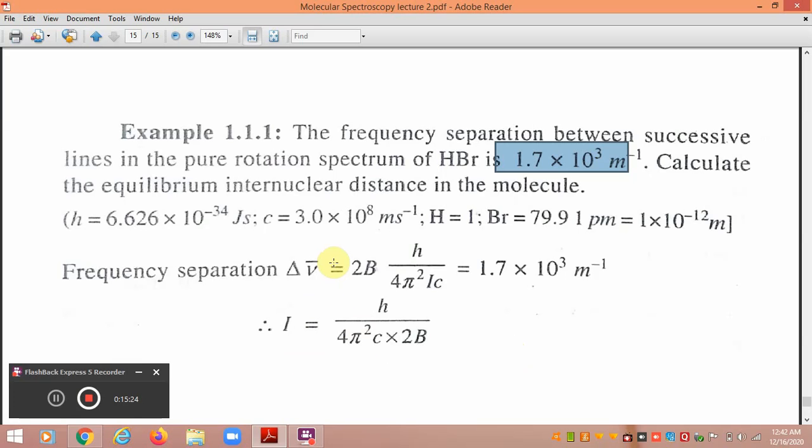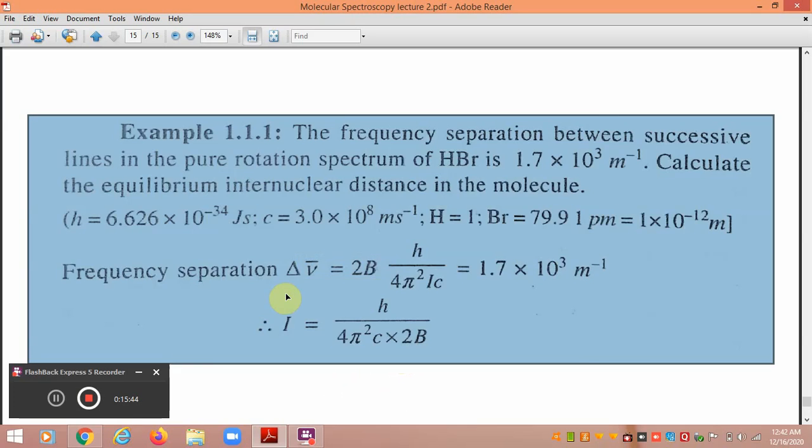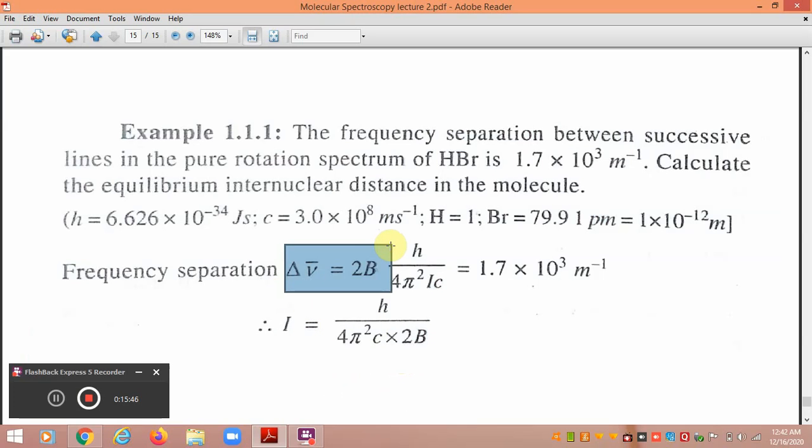But for the purpose, we will require I, and this I can be calculated with the help of the equation I is equal to h upon 4 pi square c into 2B, or I is equal to h upon 8 pi square B c. But how is this B calculated, or 2B? Here delta nu bar is equal to 2B, and the value of delta nu bar is given to you, which is equal to 1.7 into 10 raised to 3.